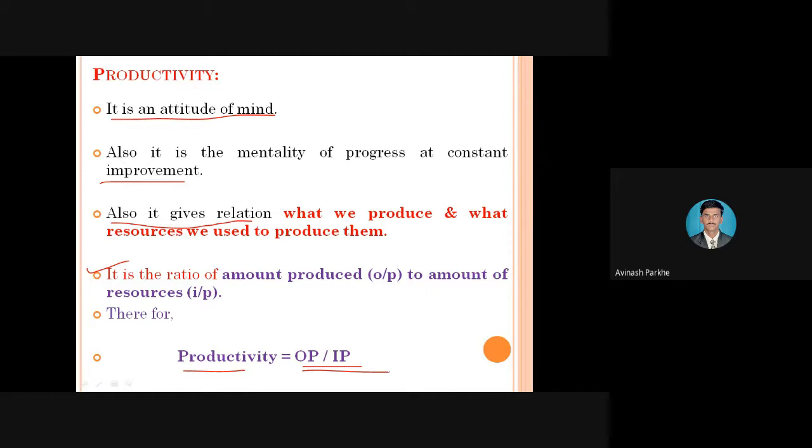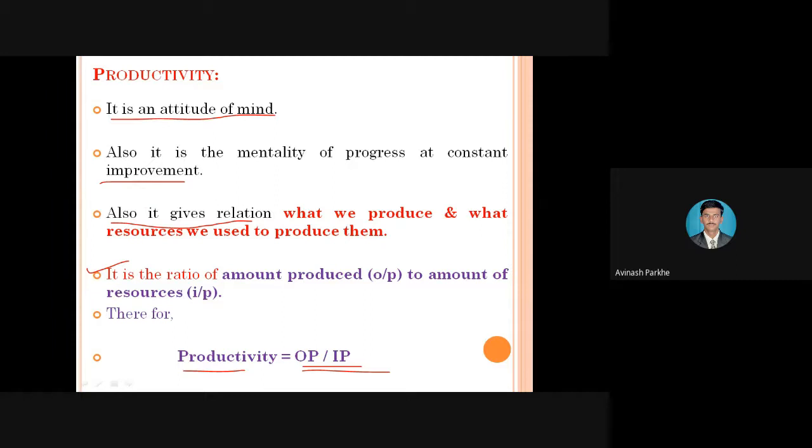Okay, so these are the basic definitions that we have discussed. That is, it is an attitude of mind. If you are looking at that particular product, or at your work, in a positive direction, obviously there is a maximum output in the minimum number of resources. In productivity, there should be constant improvement. Continuous improvement should be there, so we can say that your productivity continuously increases.